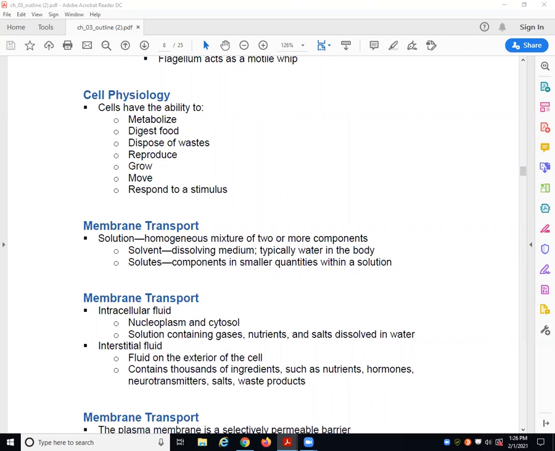They can dispose of waste. They can reproduce, right? They can divide. They can grow, get larger in size, and some cells move, and they can respond to stimuli. Okay, so these are all different kinds of things cells can do.